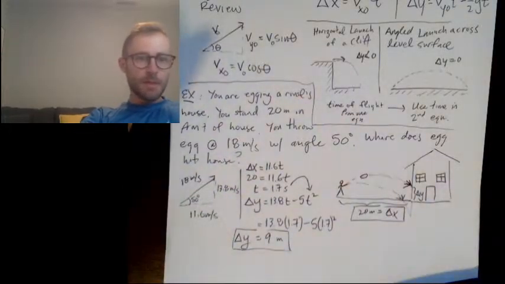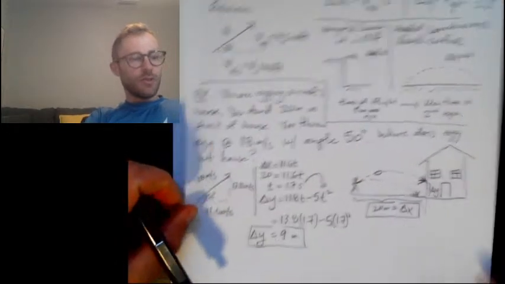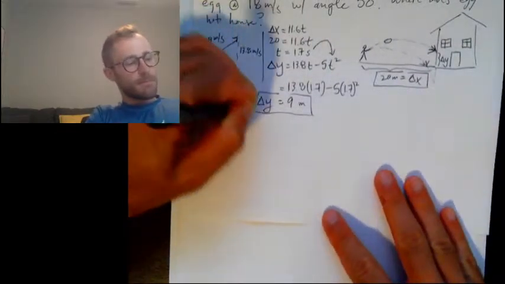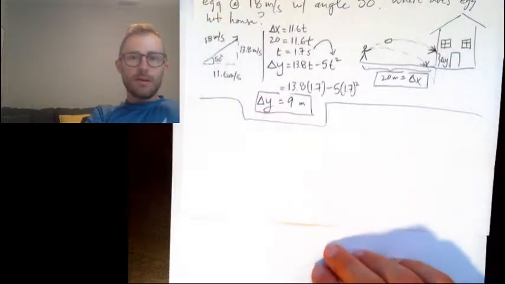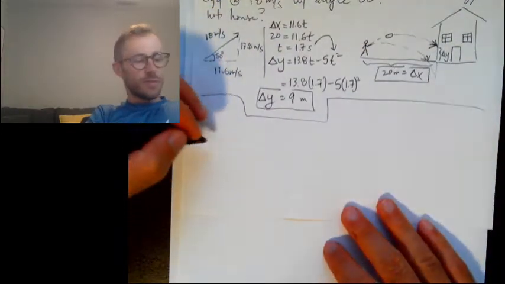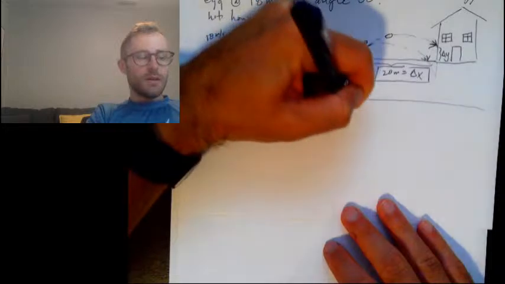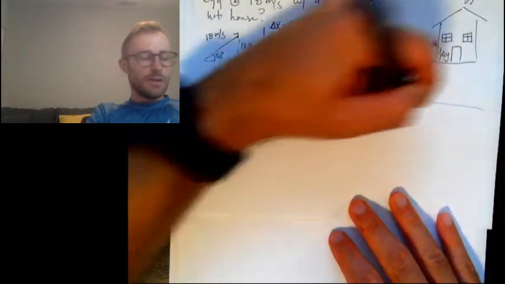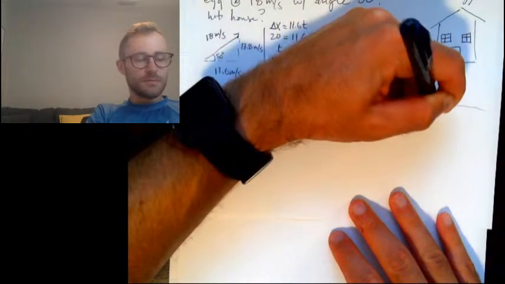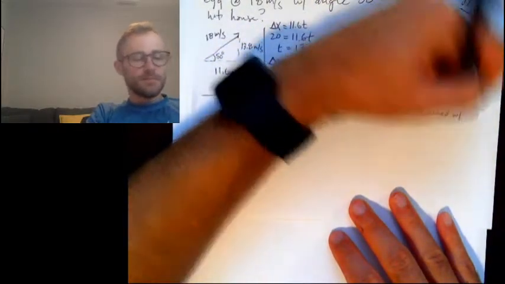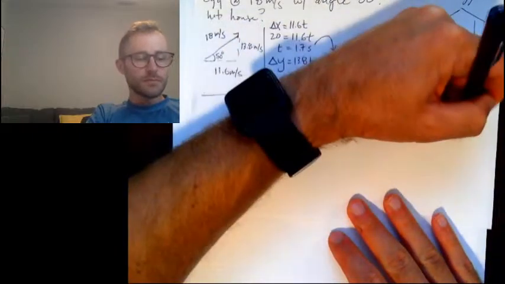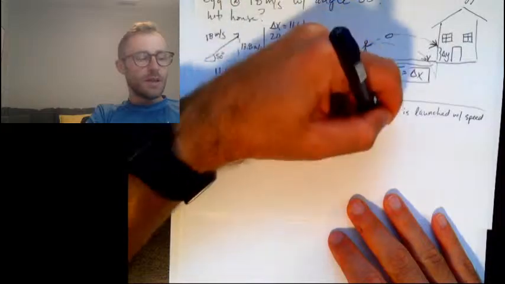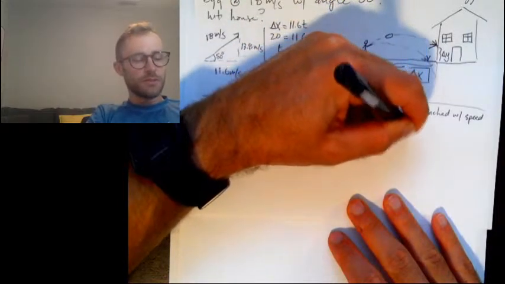Very good. Okay, so let's do a second example for today. So for this example, we have a mortar launched with speed 70 meters per second at angle 45 degrees.